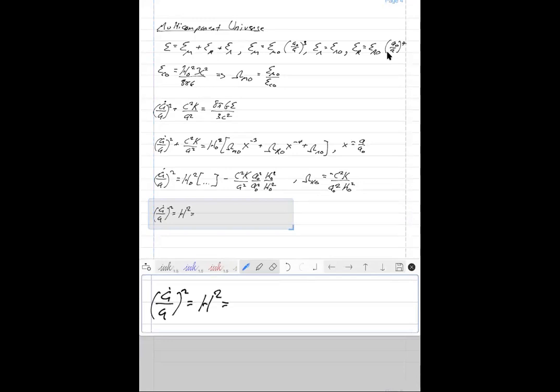That's H squared, is equal to H naught squared, and then stuff in brackets.